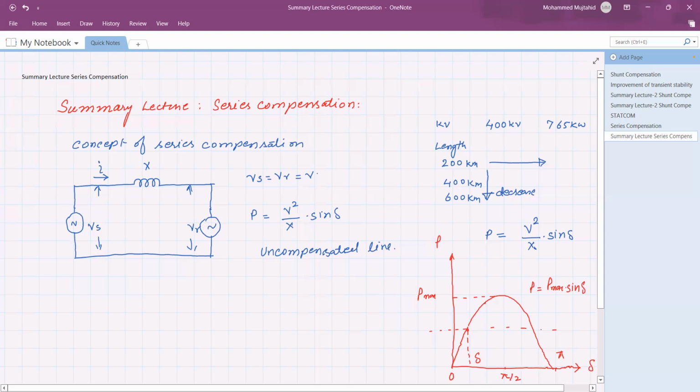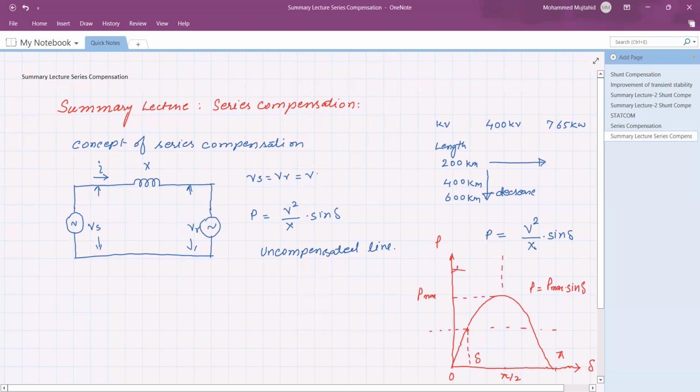We can operate our system at a higher value so that it can transmit a large amount of power, but we have to keep some margin. It may be the application of a fault, a sudden increase in load, or a sudden decrease in load. Whenever there are sudden perturbations or faults, the system is going to oscillate, and there is a large chance of coming out of synchronism or becoming unstable.